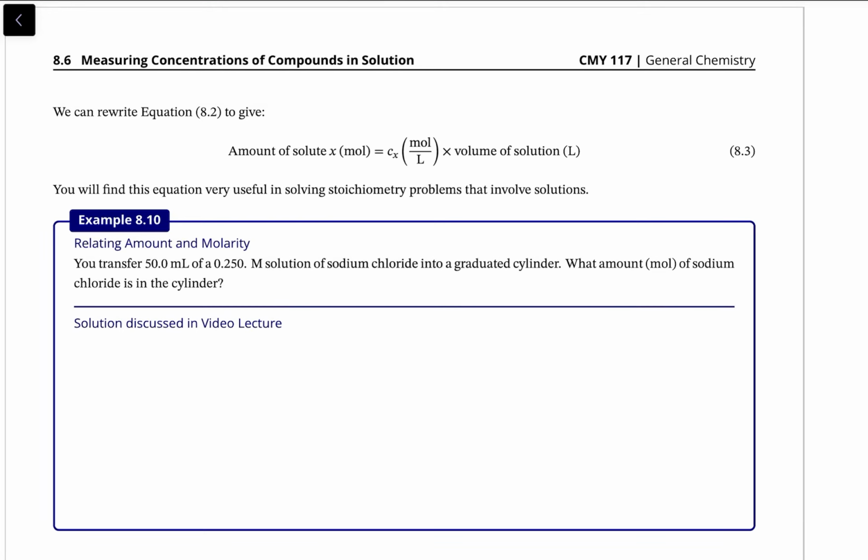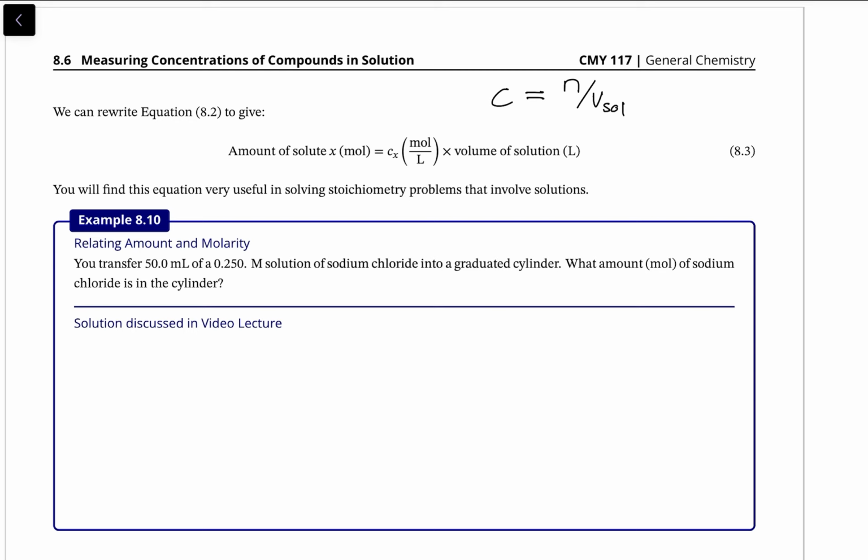Okay, so we've now been introduced to the concept of molarity, the concept of concentration, and I want to look at a manipulation of that equation. You know how to calculate concentration, right? Concentration is equal to the number of moles divided by the volume of our solution.